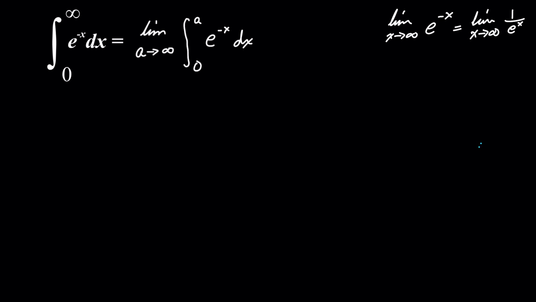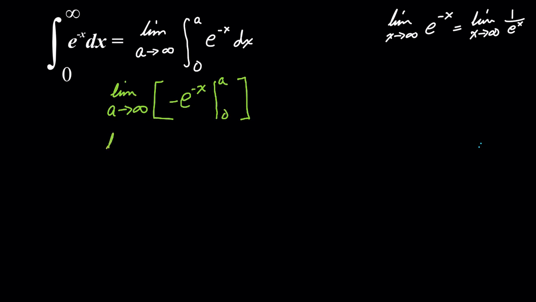All right, saving a little bit of time, we know we would be using u substitution in here, where your exponent is u, and the derivative of that is -1, so you put a negative here and a negative out front. So your antiderivative ends up being negative e to the negative x. And this will be the limit as a approaches infinity of this antiderivative evaluated at 0 and a.